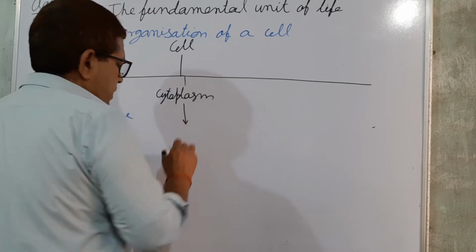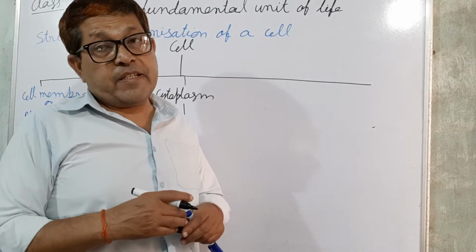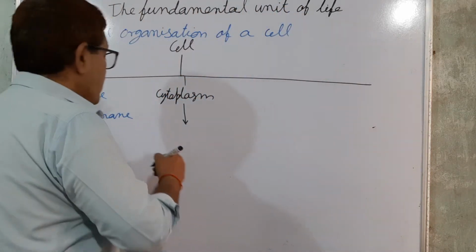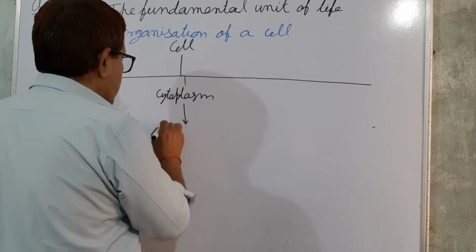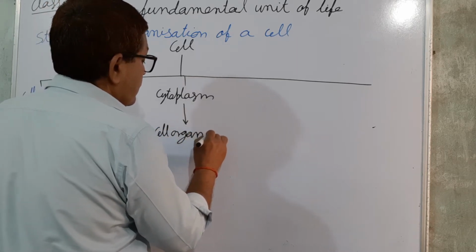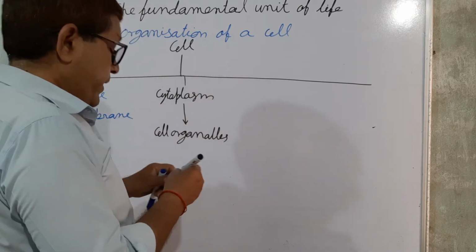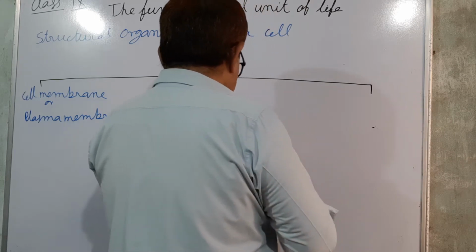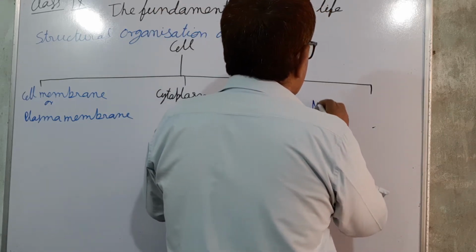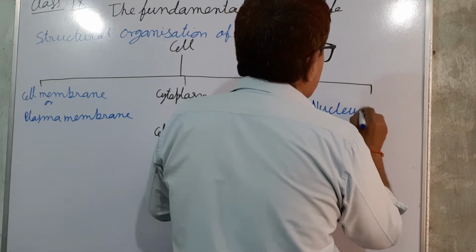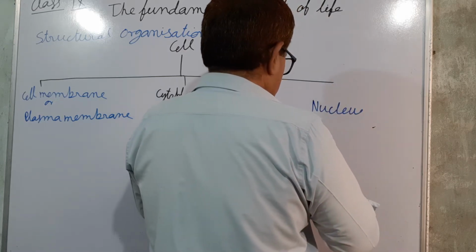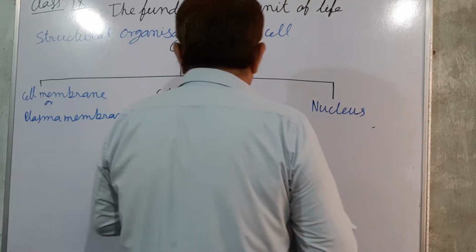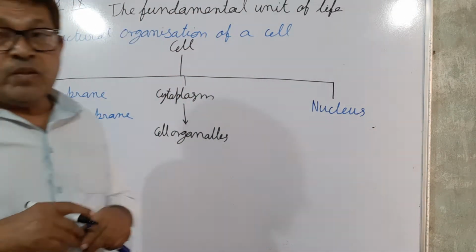The cytoplasm contains the cell organelles like mitochondria, Golgi complex, endoplasmic reticulum, etc. And the next part of the cell is the nucleus.